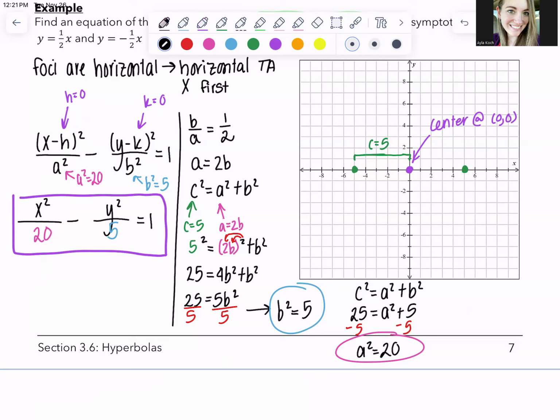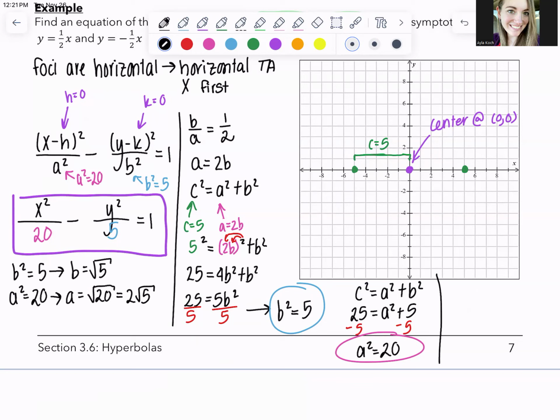And I want to point out here, we said that b squared is equal to 5, so b is equal to square root of 5. a squared is equal to 20, which means that a is equal to the square root of 20. This simplifies, by the way, to 2 square root of 5.